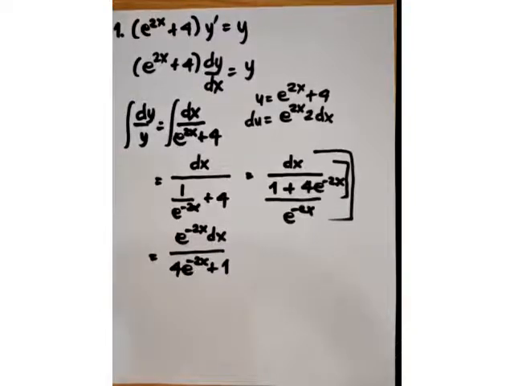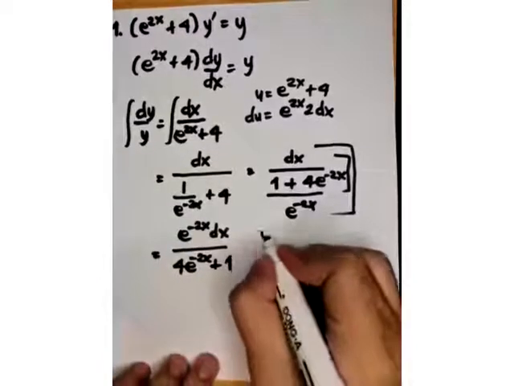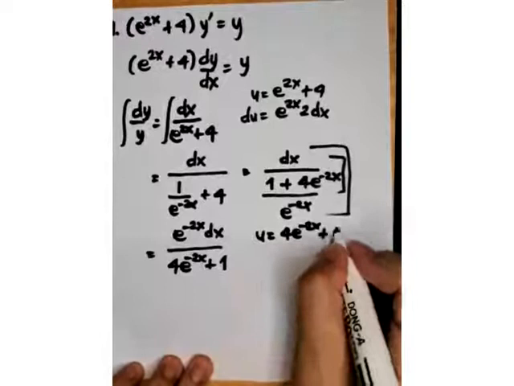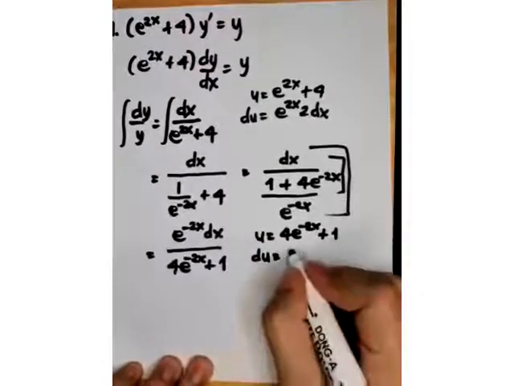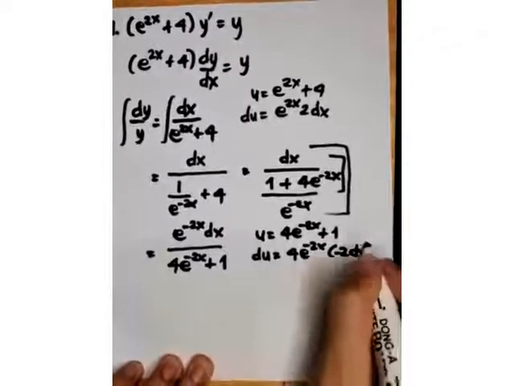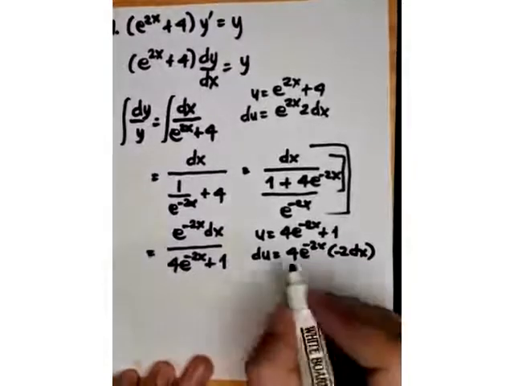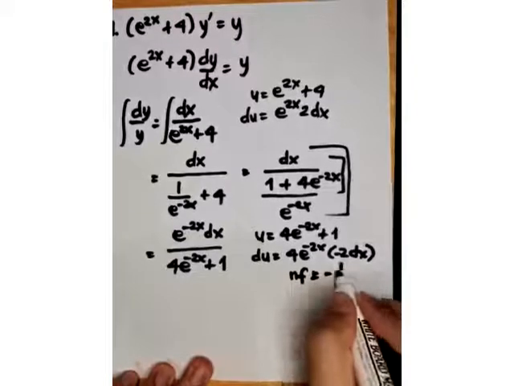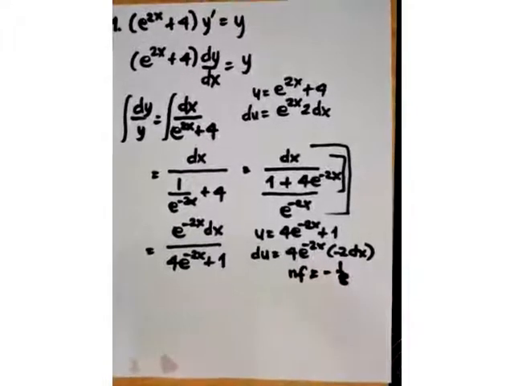Okay? So this time, we can use ln. What is our u? u is 4 e raised to negative 2x plus 1. And what is du? du is 4 e raised to negative 2x times negative 2 dx. Okay. So what is our neutralizing factor? That will be negative 1/8.